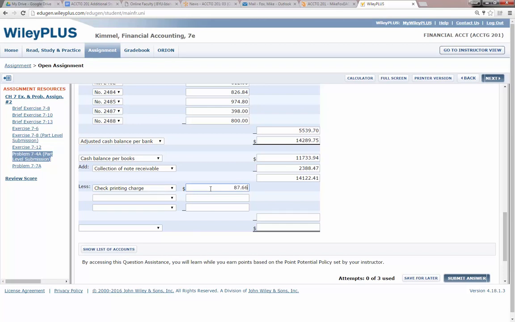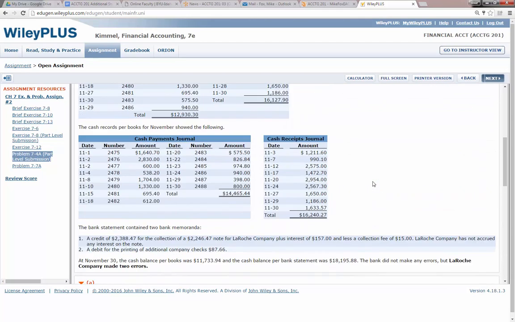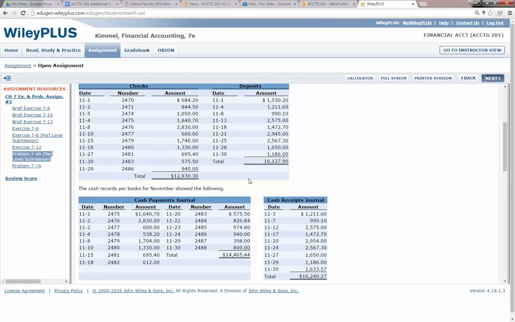And there were two bank errors, which we're going to have to go up and find again. So we'll have to look at each of our checks and deposits and see where there's a difference.